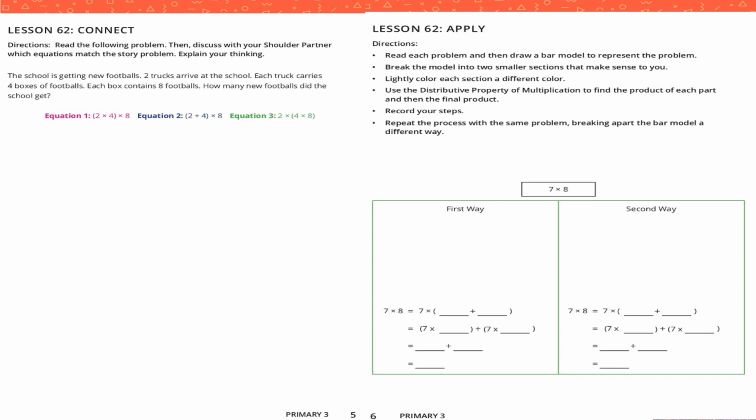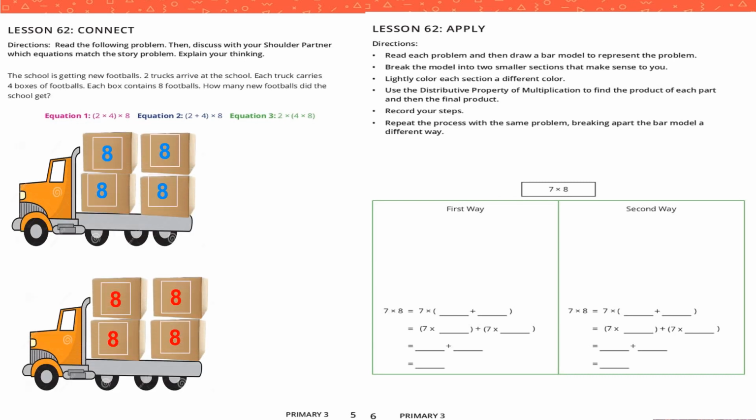I have 2 trucks. Each truck carries 4 boxes. And each box contains 8 footballs like this. Okay, 2 trucks. Each truck carries 4 boxes and each box contains 8 footballs.